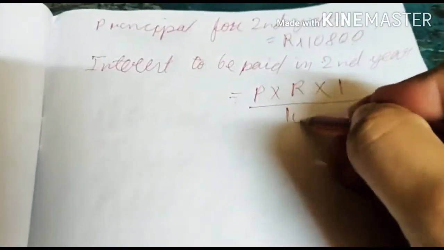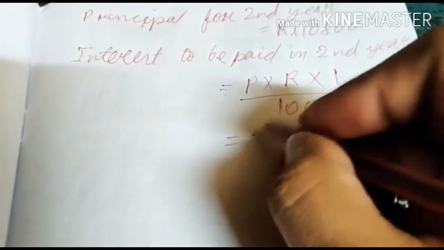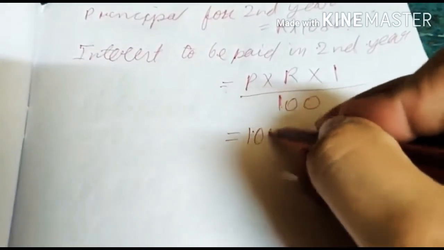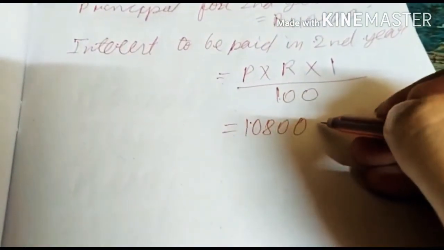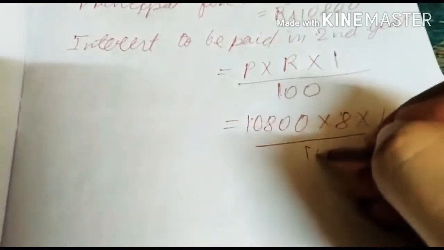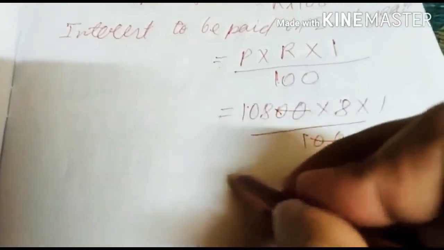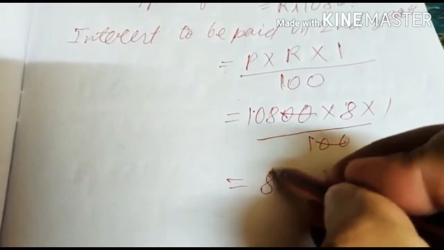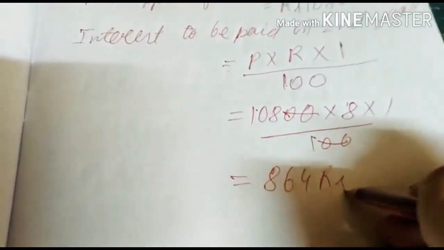So time here is only 1. So P here is 10,800 into 8 into 1 upon 100. It becomes 864 rupees. This is the interest that we have to pay at the end of the second year.